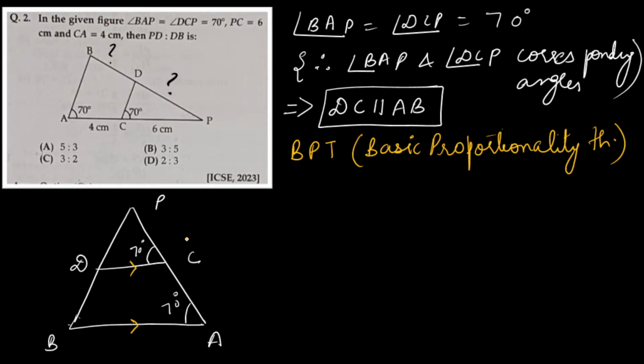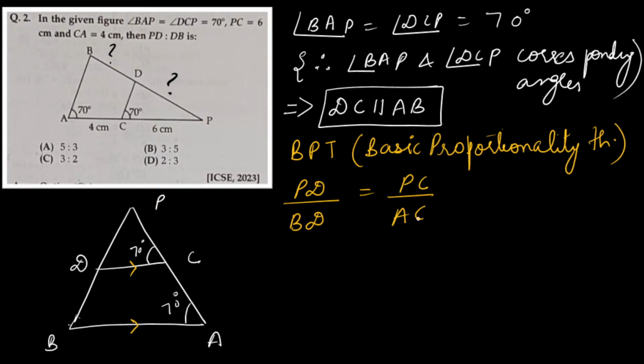It says that in a triangle, if DC is parallel to AB, the triangle being drawn in this way, then this ratio PD by BD will be equal to PC by AC. So if this line is parallel in this way, then the ratio of these sides, PD and DB, should be equal to PC and CA. PD and BD's ratio we have to find.